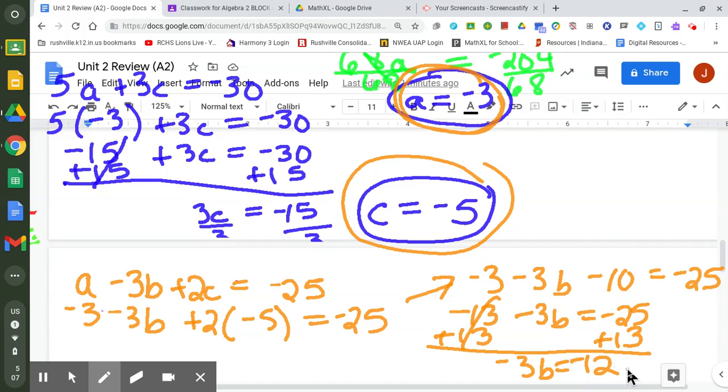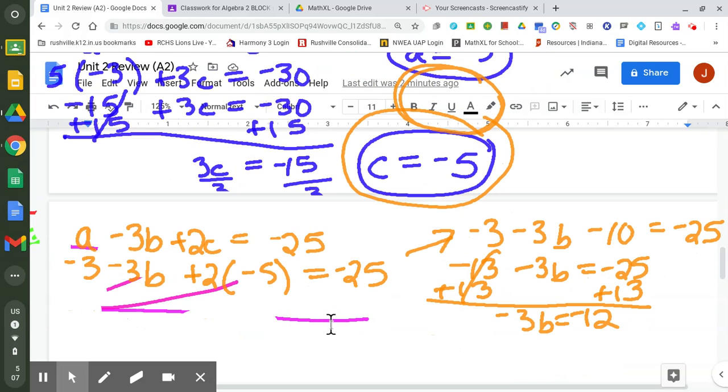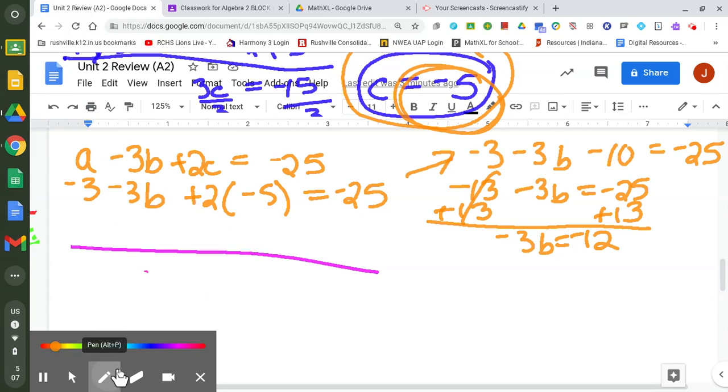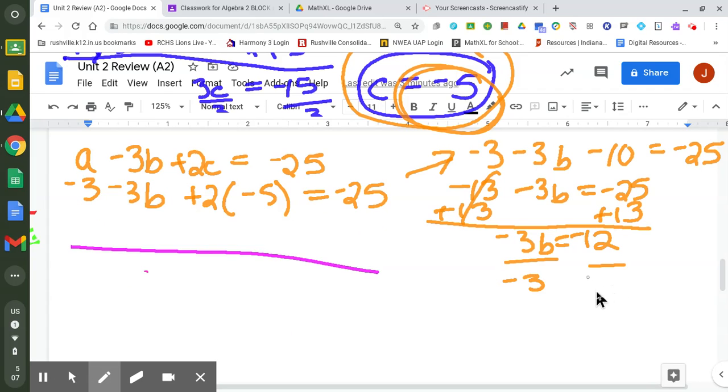And then if I divide each side by negative 3, I have B equals 4.